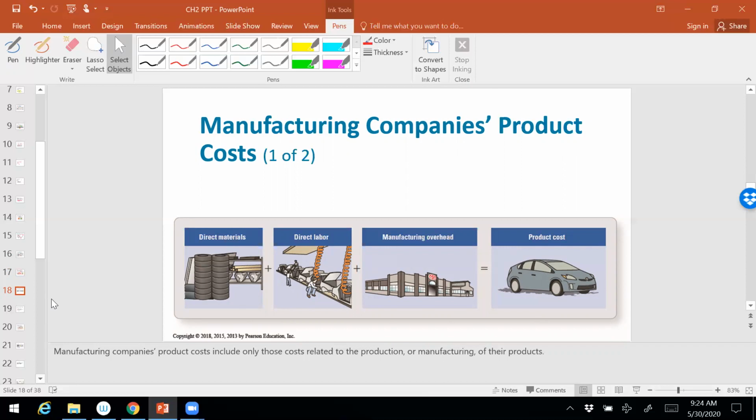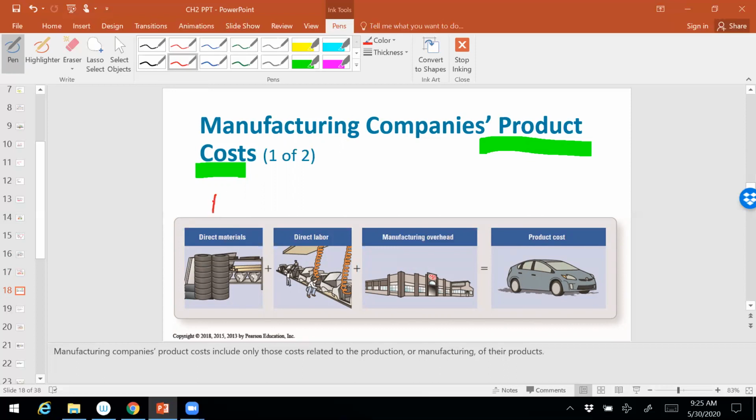We stop here, and then we talk about other learning objectives later. So for manufacturing cost, their product cost has the following parts. We look at their product cost. They have direct material, right? How do you produce your car? Toyota, how do they produce it?